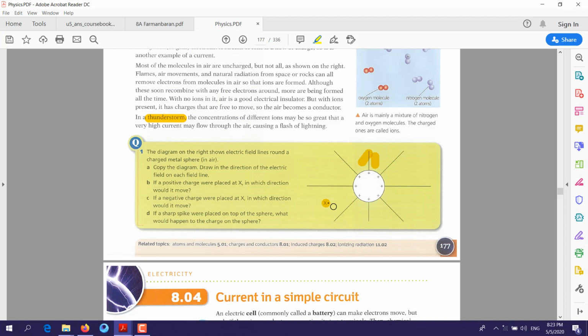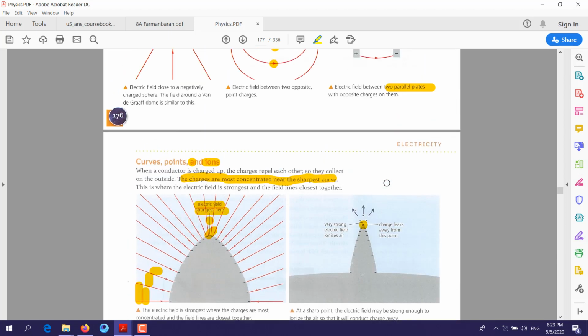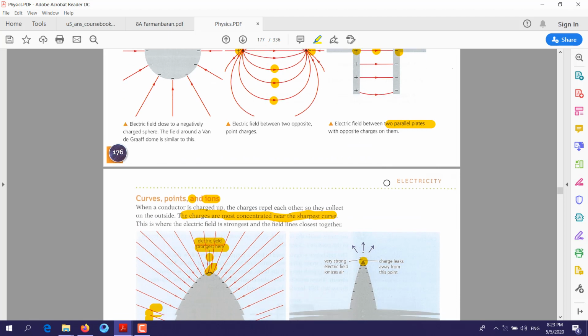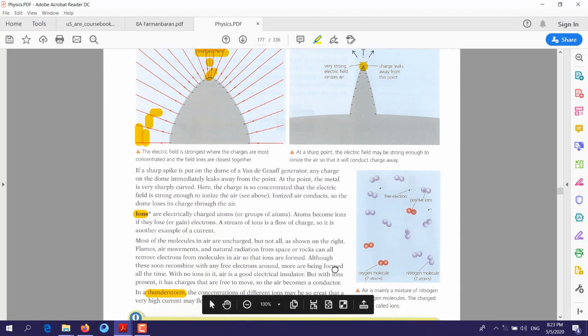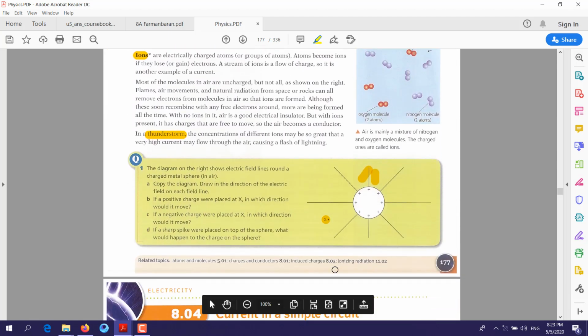D. If a sharp spike were placed on the top of the sphere, what would happen to the charge on the sphere? As we explained here in this explanation, now you have this sphere and you put a sharp spike on the top of the sphere.